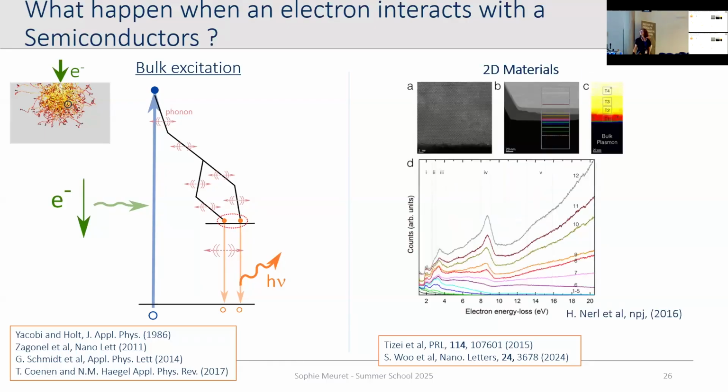That's now something that people can do, especially in 2D materials, because you need something thin, because you're looking at electron energy loss spectroscopy, and as Jordan said, especially in hBN. You're going to be able to look at the excitons depending, for example, on the thickness here. For now, I'm going to talk mostly about bulk excitation, and we will come back to this.